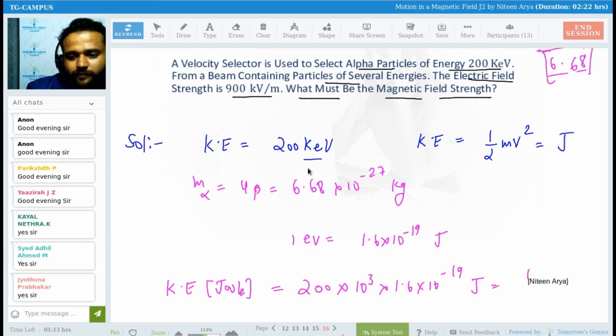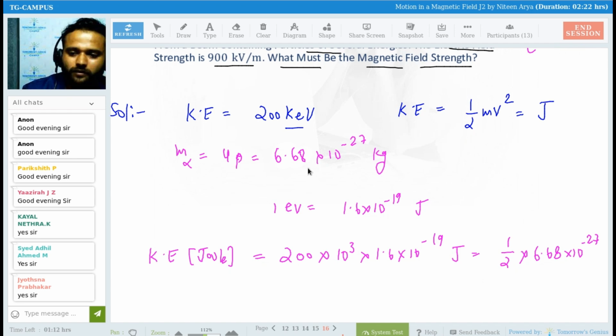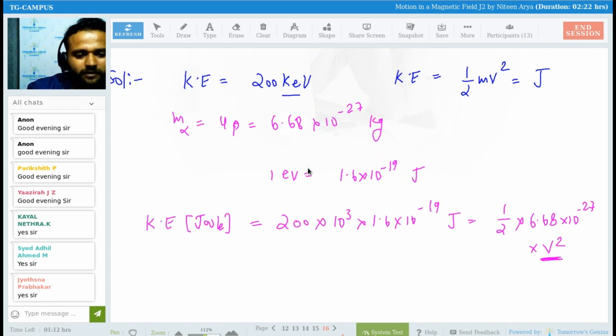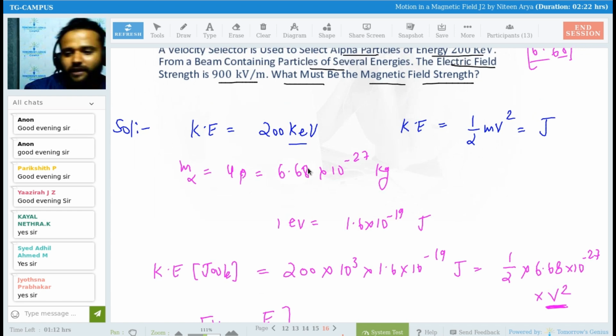Clear? You have the mass also, 6.68 into 10 to the power minus 27 into V square. From here you can find V, and then easily you can find B, because V equals E by B. Okay, so I already gave you the answer. You just need to do the calculation.